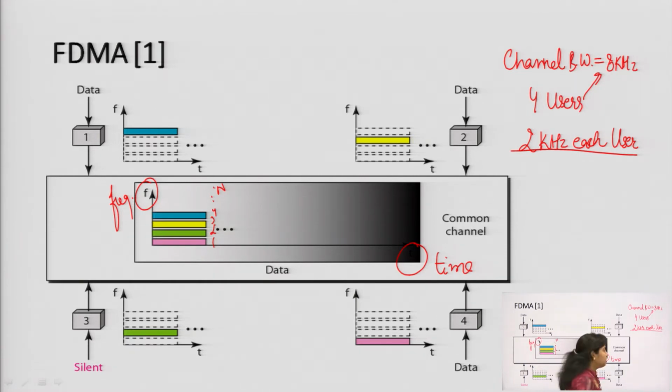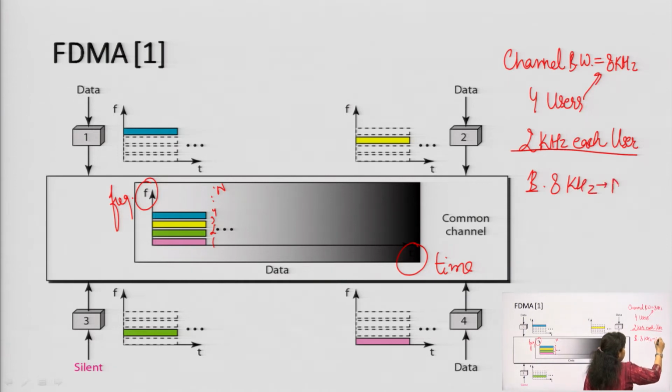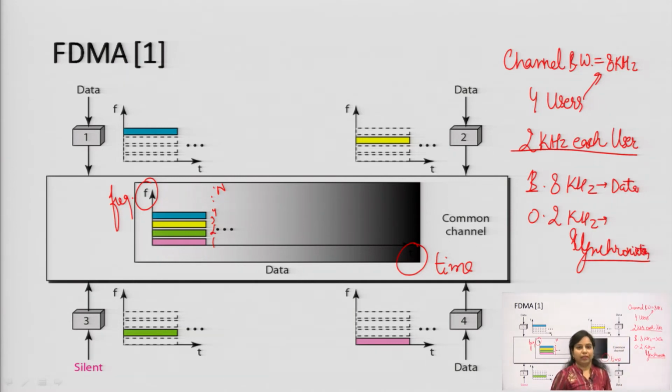Some of the bandwidth, let us say 1.8 kilohertz of frequency, is used for transmission of data, and this 0.2 kilohertz of frequency will be used for the synchronization part. This will act as synchronization or any additional data which will be required to maintain the channel, required to maintain the link between the transmitter and receiver.